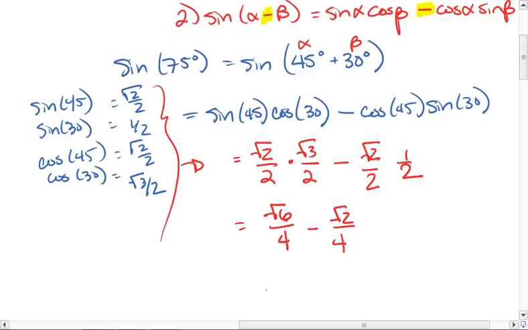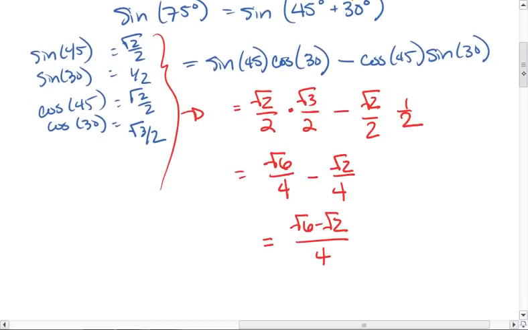And I get rad 6 minus rad 2 all over 4. Oh, I'm sorry, this should be a plus. There we go. My bad. Please make that correction. So our final answer is rad 6 plus rad 2 all over 4.